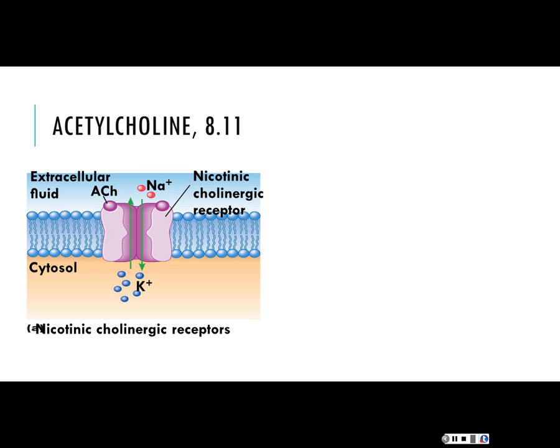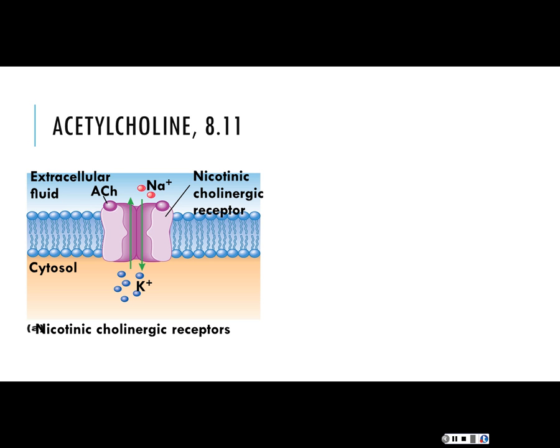So if I want to know the function of the receptor, I've got to say nicotinic or muscarinic. If I say nicotinic cholinergic receptor, I'm talking about something that acts like a channel, where it's going to let more sodium into the cell, causing the cell to depolarize.